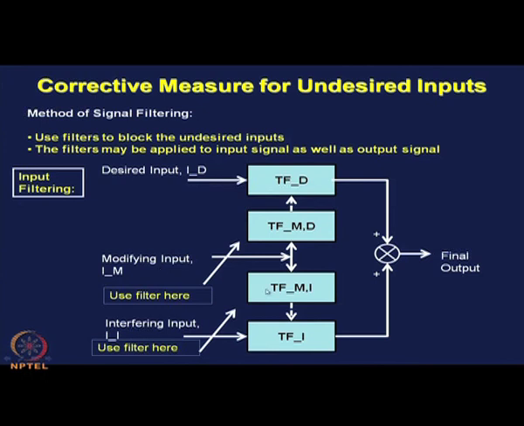In other words, you can consider that I want a transfer function here which is actually 0. So, when the modifying input is being worked upon by a transfer function which is equal to 0, it will give a signal equal to 0.